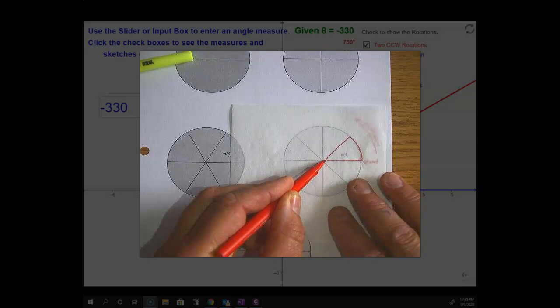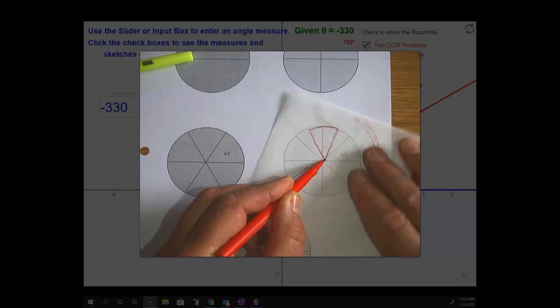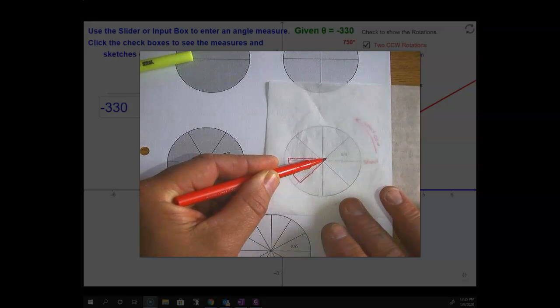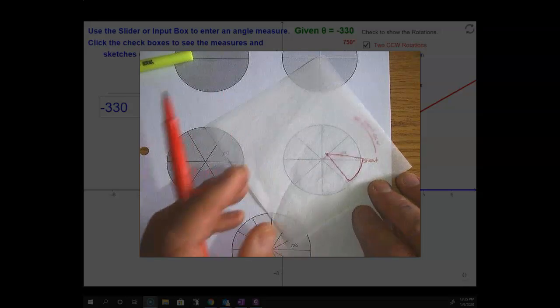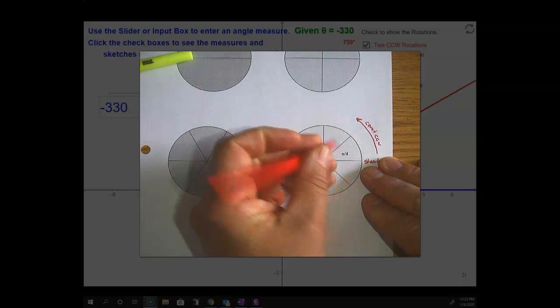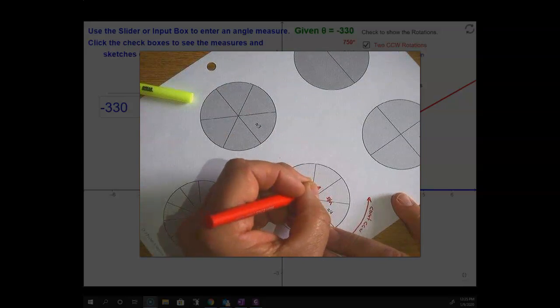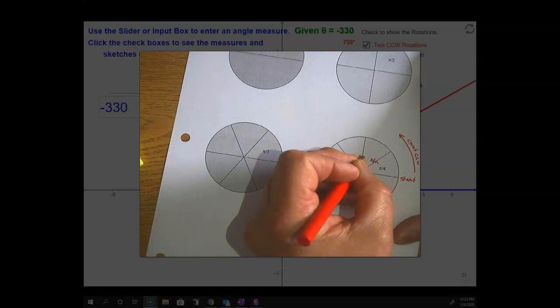A turn that is 2 pi over 4 would be 2 of those. 3 pi over 4, 4 pi, 5, 6, 7, 8 pi over 4 takes you all the way around. So 8 pi over 4 is the same as 360. All right, so here we'll just write, this is pi over 4. This is, well, we can write it like this. 2 pi over 4.